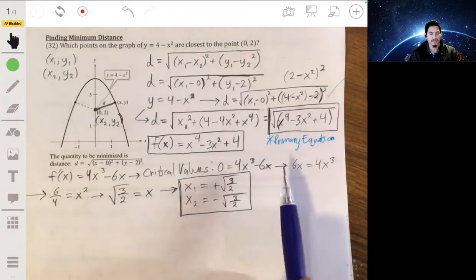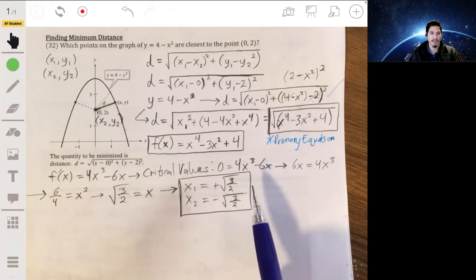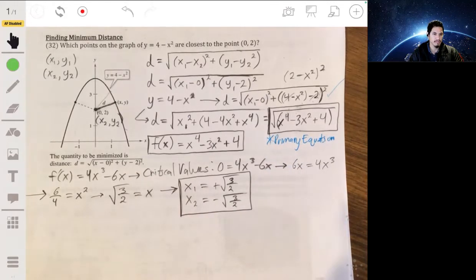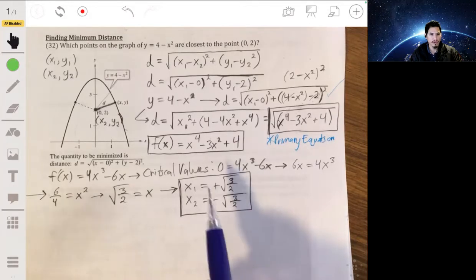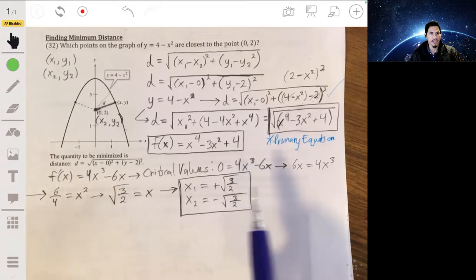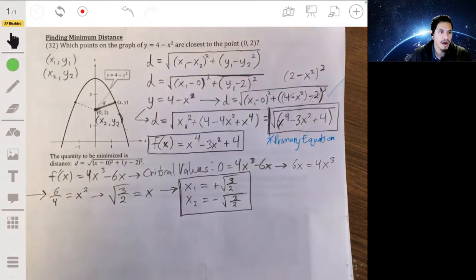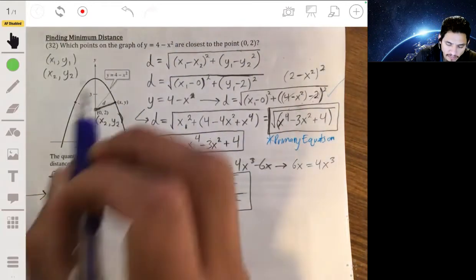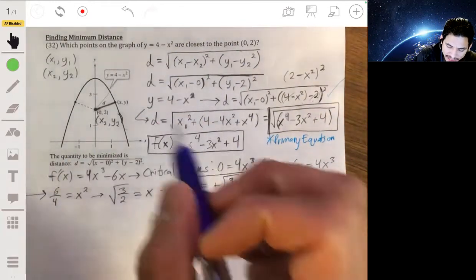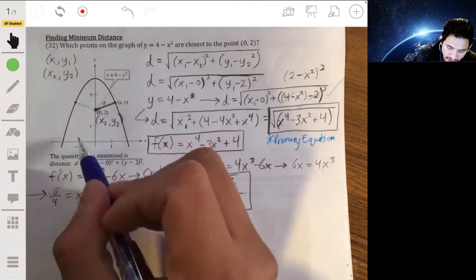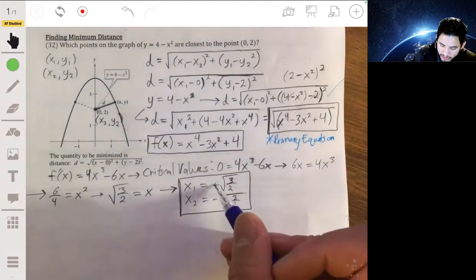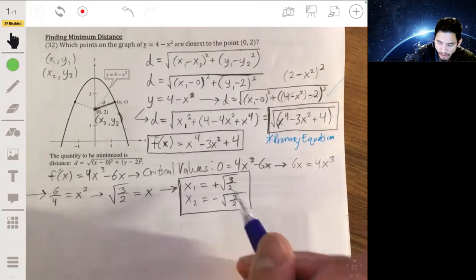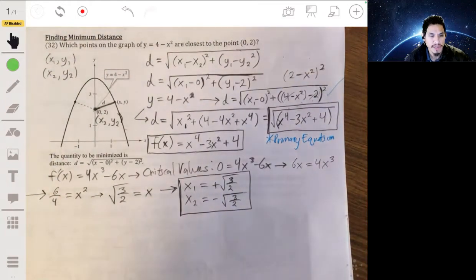This function is defined for all x values, so we don't have to worry about any undefined values. So we have two critical values. Now, unlike the problems before this one, since we're talking about points on a plane, it's okay for x to be a negative number, because a negative number would be just on this side of the parabola. So both of these are valid potential x values that will yield the smallest distance.